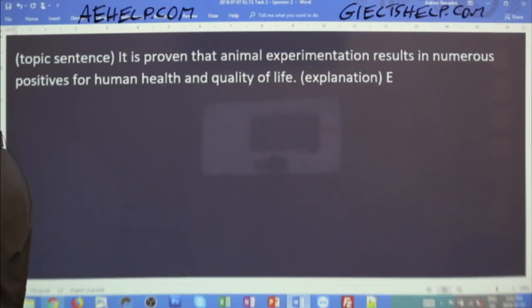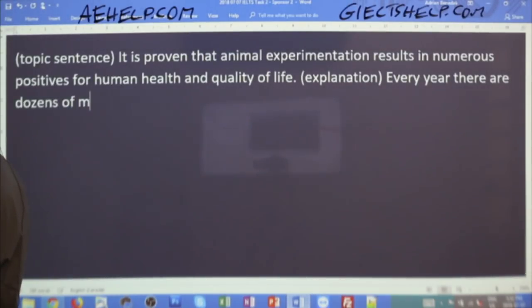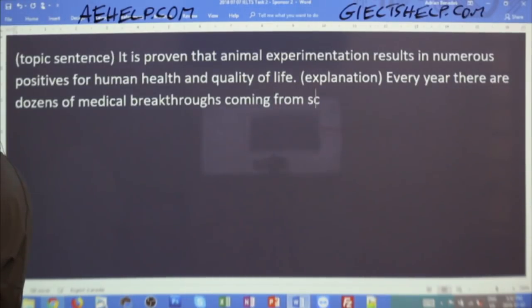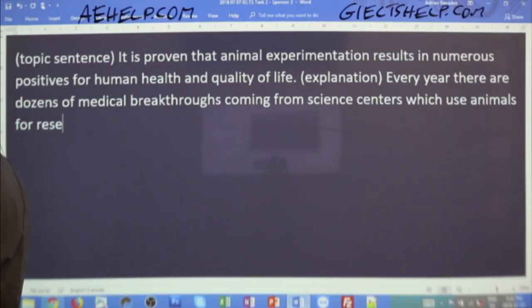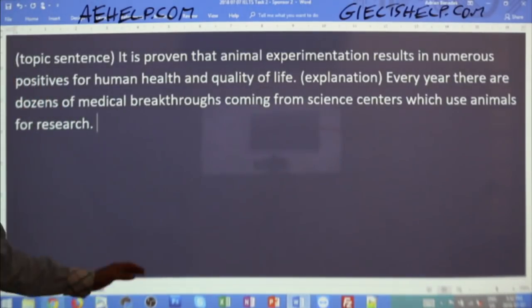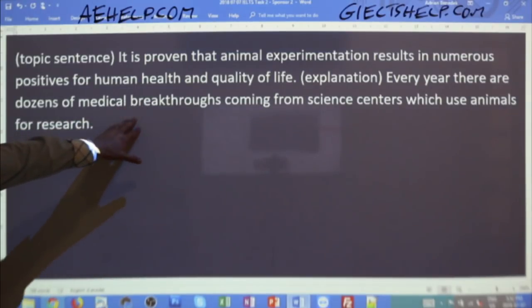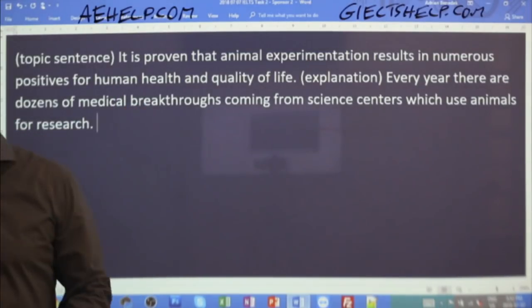So every year there are dozens of medical breakthroughs coming from science centers which use animals for research. Okay, so that would be the explanation, all right? And then the example.